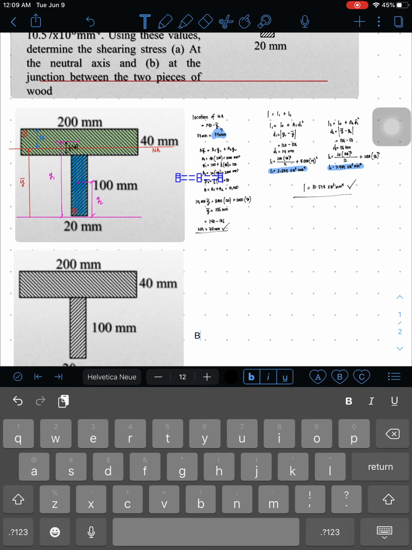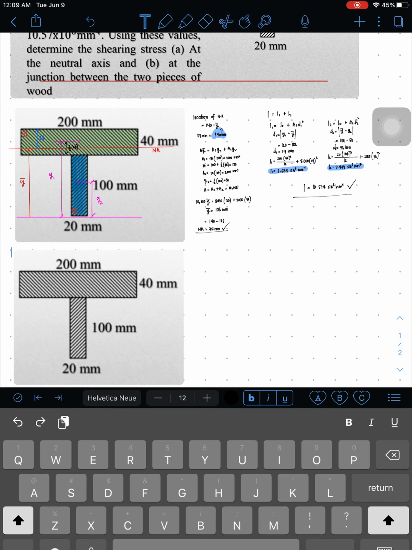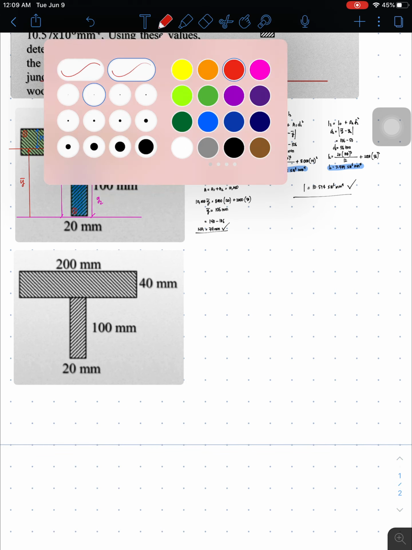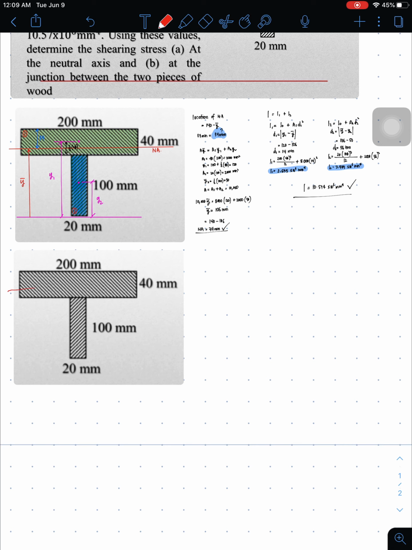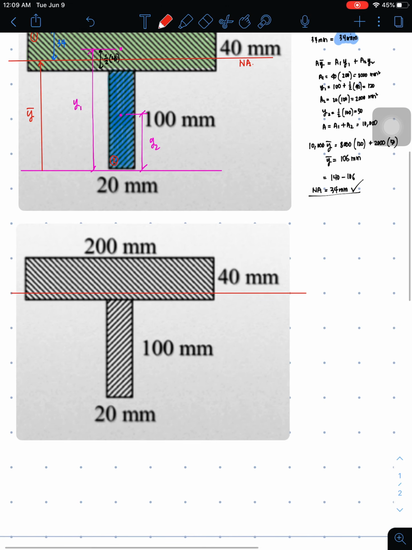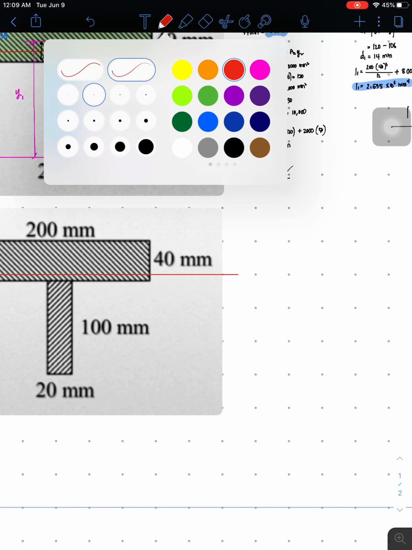Okay. And then we have this one. I'll just place the neutral axis location. Okay, so that is the location of the neutral axis.